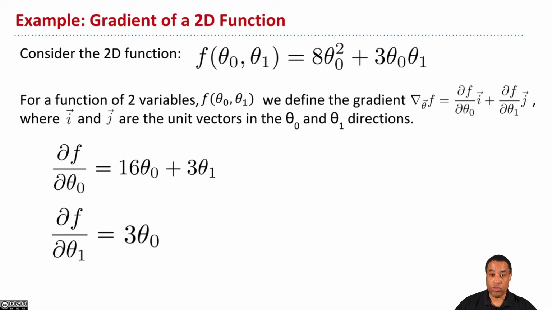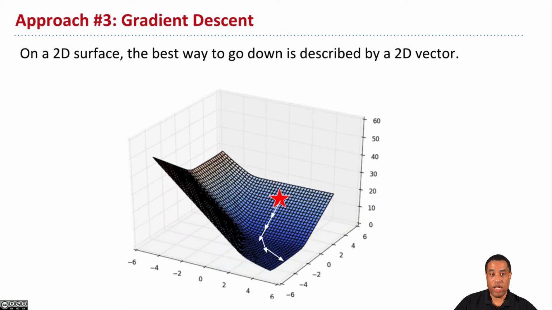Now, the way we usually represent this is as an equation like this. So if we write it all out, it'll be 16 theta 0 plus our 3 theta 1 times our unit vector i plus 3 theta 0 times our unit vector j. So again, on a two-dimensional surface, the best way to go down is represented by a two-dimensional vector.